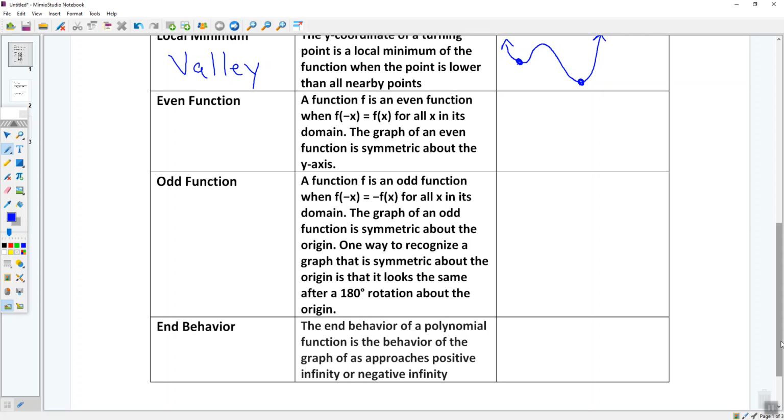Okay, here's what I want you to know. Even functions, okay? We're going to be given an original function f of x. If f of x is equal to f of negative x, if those two functions are equal to each other, then we consider the function to be what kind of function? Even, okay? Graphically, I'll make something that looks kind of like this.